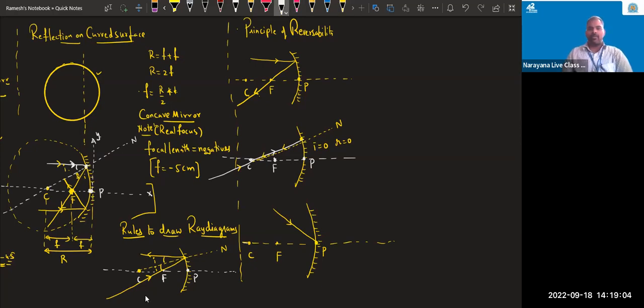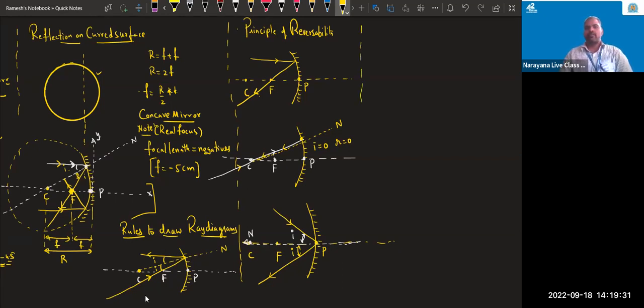This is the normal line. Any normal line must pass through the center of curvature. So the angle of incidence is i, and automatically it will go with the same angle of reflection. Those are all the rules.